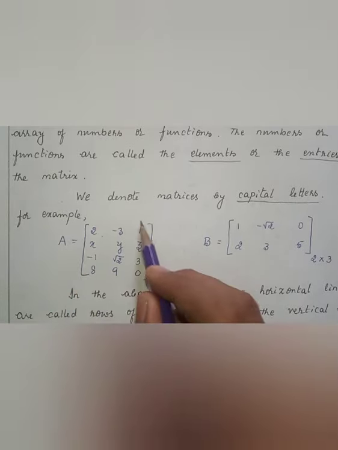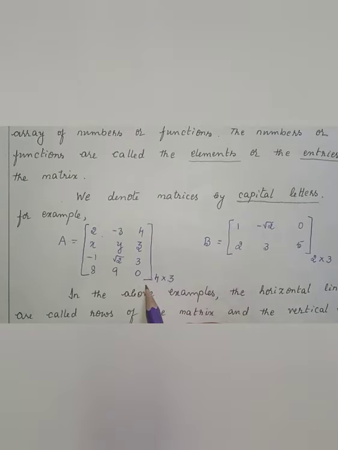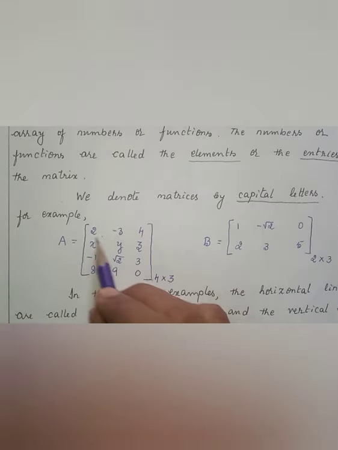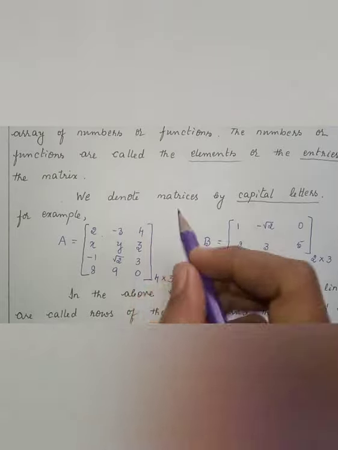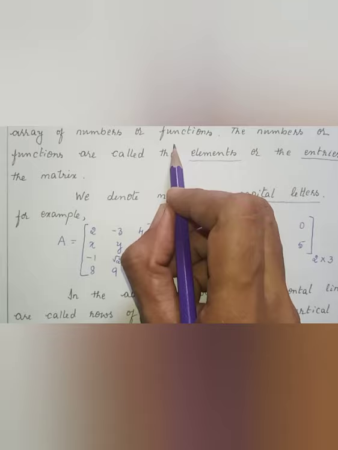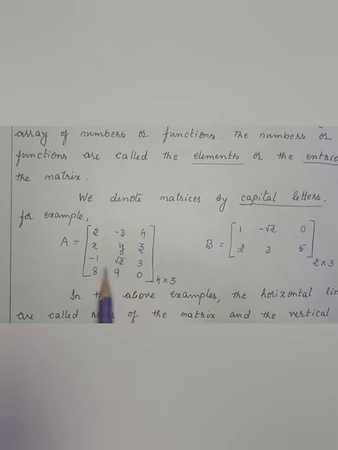Within the rectangular array, we write the numbers 2, minus 3, 4, x, y, z, because the elements are either numbers or functions. Then minus 1, root 2, 3, 8, 9, 0.